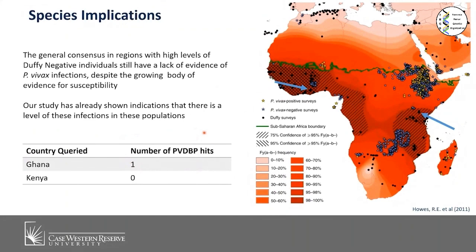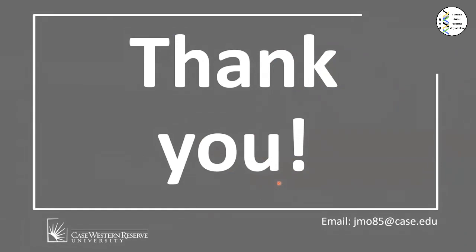We're going to contribute to the growing body of evidence that Vivax is existing in these populations, which is really important because then we have to discover how it's doing it. So this is just another one of the really exciting implications that could come out of this research and already has started to.